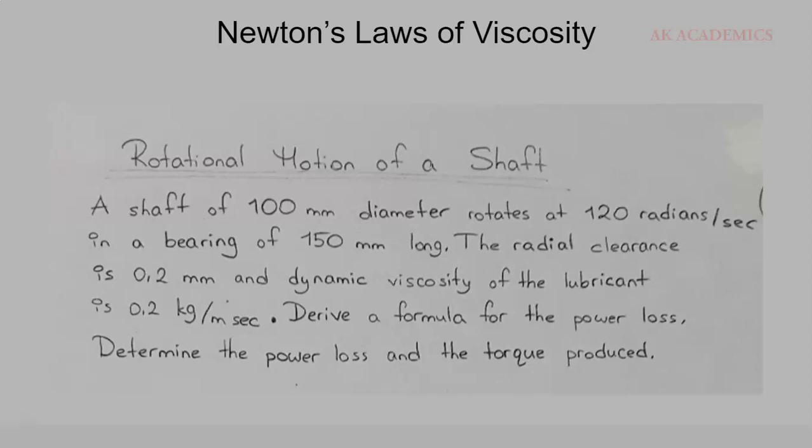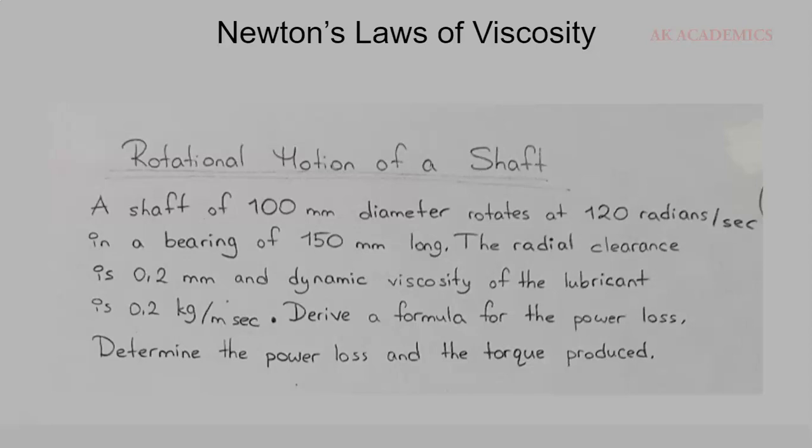A shaft of 100 millimeters diameter rotates at 120 radians per second. You can always convert radians per second to meters per second. I'm going to show you how as we move on. Radians per second will mean angular velocity, so you can always convert it to linear velocity, and I'm going to show you how very soon.